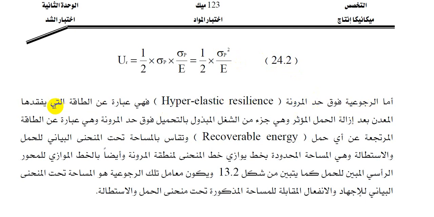Hyperelastic resilience is an energy loss by the metal after the effective load, which is part of the work done by hyperelastic loading, in the form of recoverable energy, measured by the area under the curve of the stress strain diagram, or the load extension diagram, which is the area bounded by a line parallel to the curved line for the elastic region, and a line parallel to the vertical load axis, as clarified in figure 13.2.